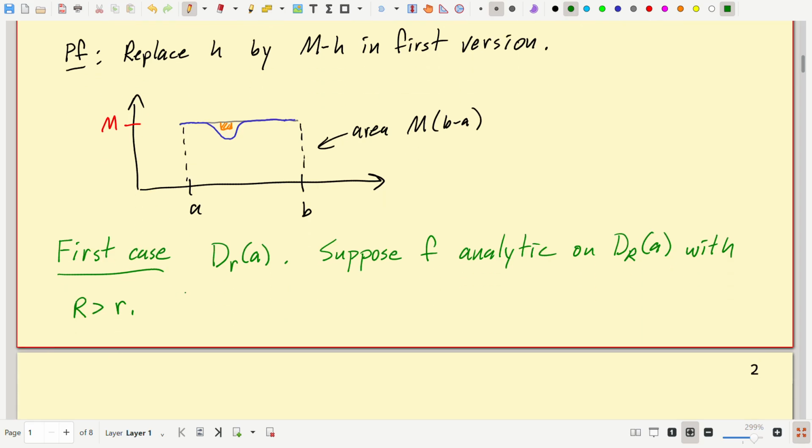Let's let M be the maximum of the modulus of f of z such that we're in the closed disk, z minus a less than or equal to r.